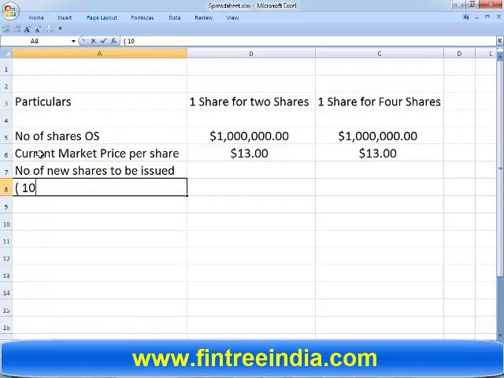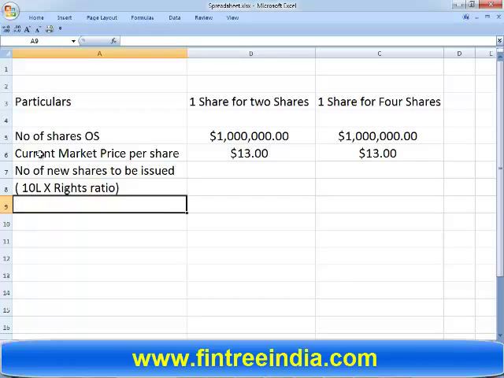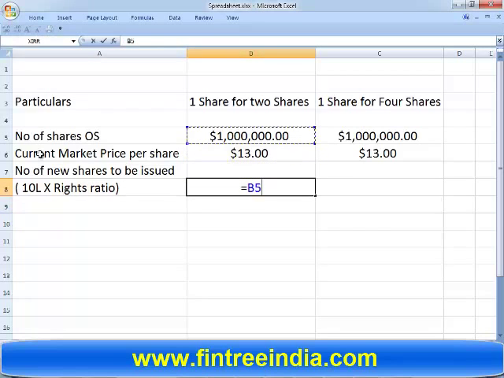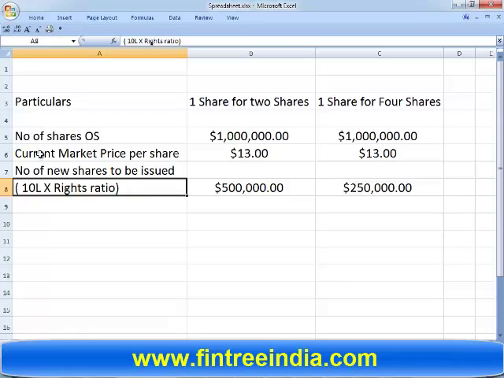So this is going to be 10 lakh into the rights ratio. In this case, this would be 10 lakh into 0.5, and this would be 10 lakh into 0.25.